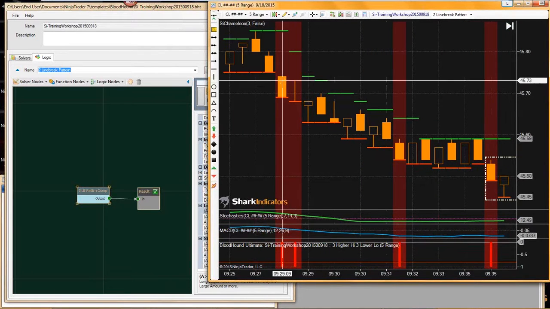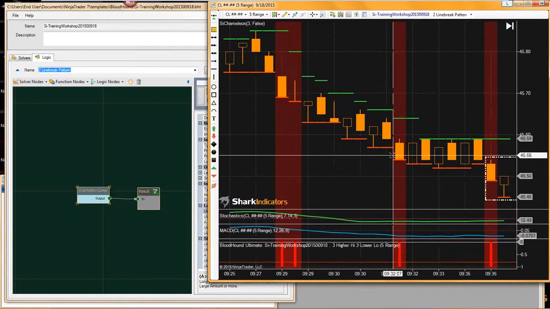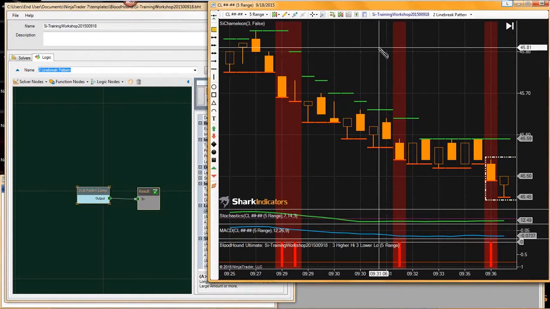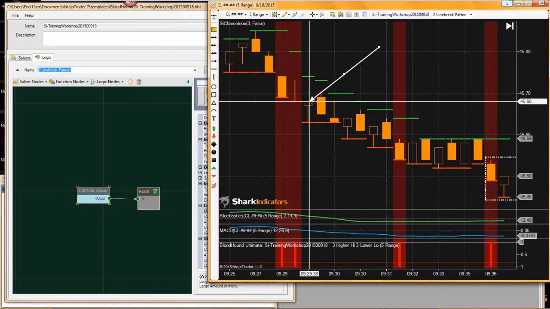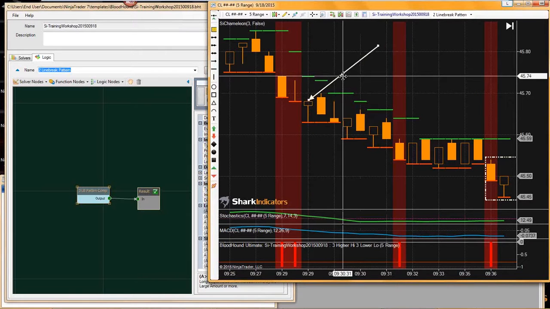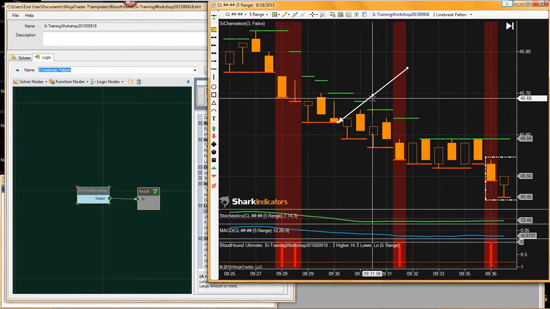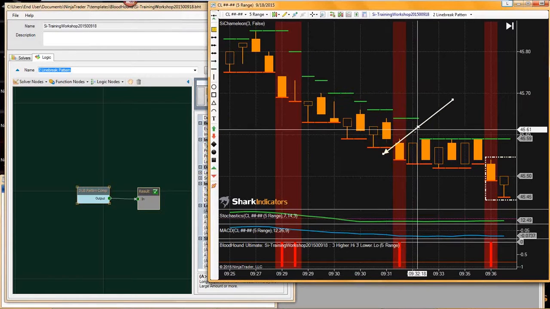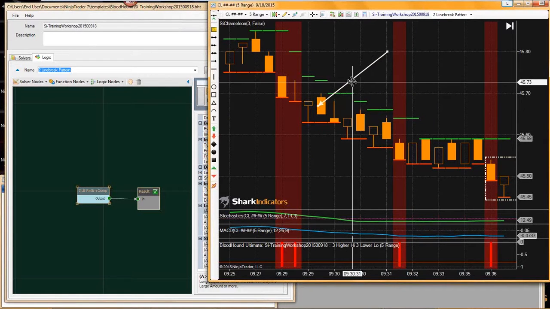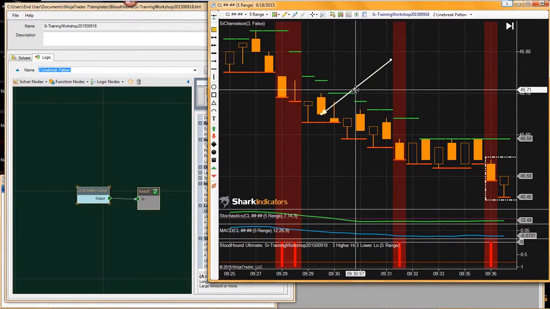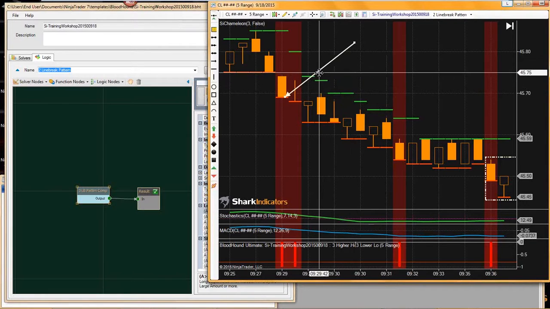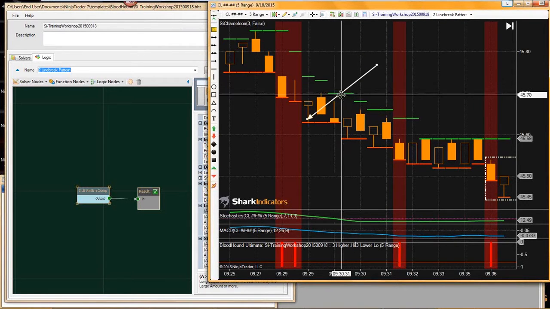And in this downtrend, keep in mind that I set this solver up to look at the closing price of the bar. That's why none of these are marked with a short signal, because we're looking at the closing price of the bar to actually break the low of the last 3 bars.